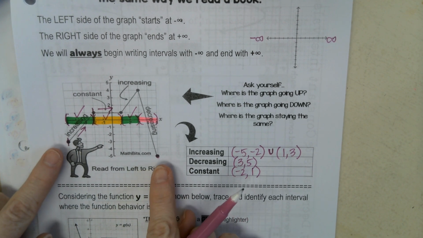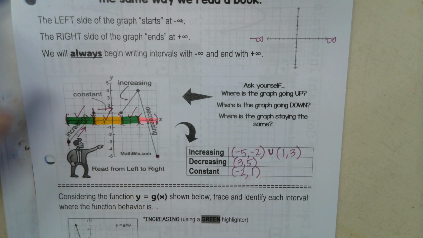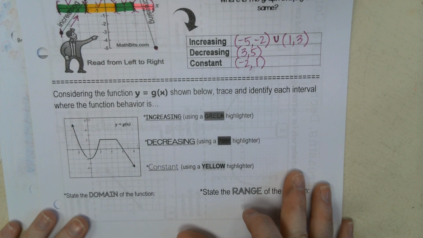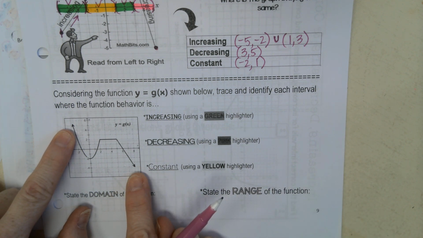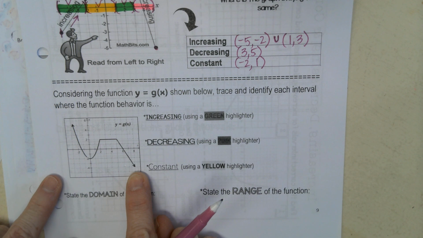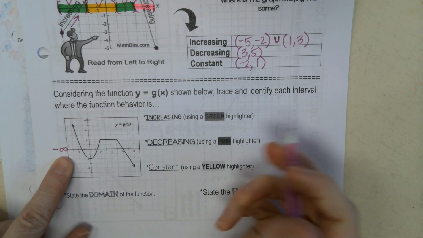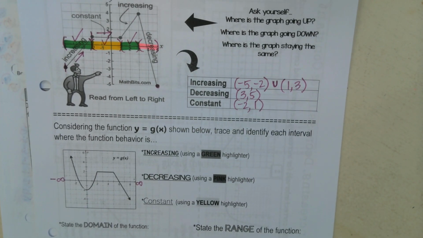Do you see the difference between these beginning and ending points on this graph versus the graph down at the bottom? What do you notice here? It's not a straight line. It's got arrows. So that means I need to write in on one side -infinity and on the other side +infinity.